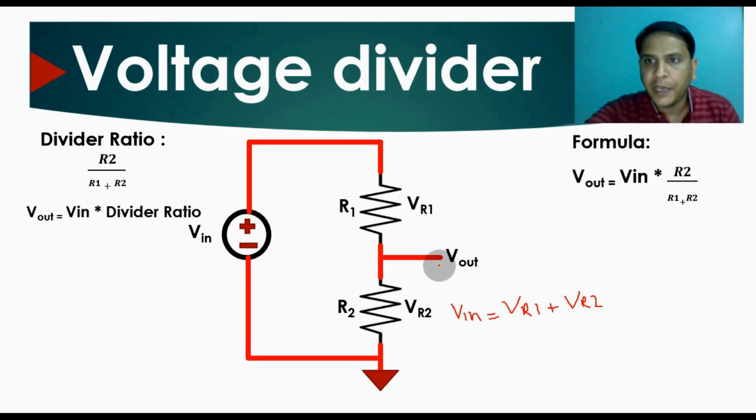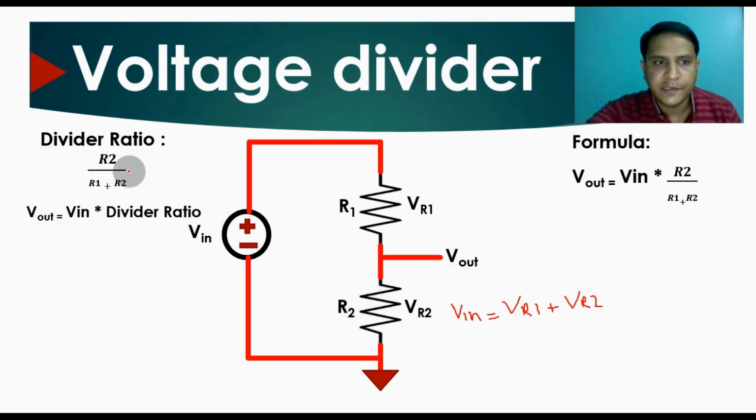there are two methods to calculate it. One method is by using the divider ratio, and another method is by directly using a formula. So let us understand first the divider ratio method. If you want to calculate V out, that means the voltage drop across resistance R2, you have to calculate the divider ratio.